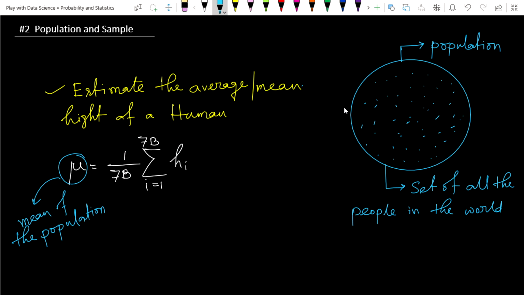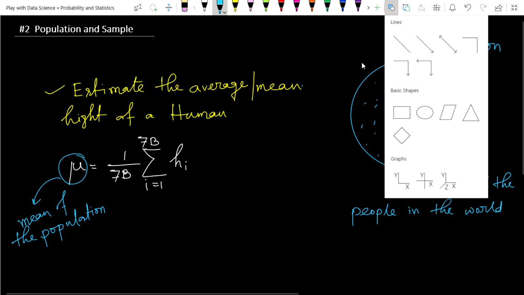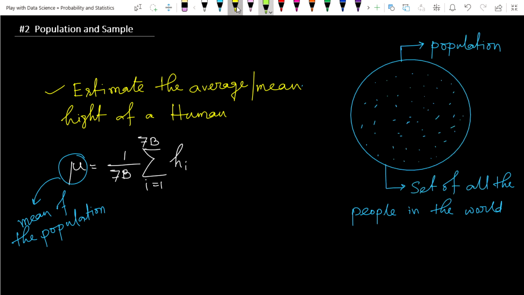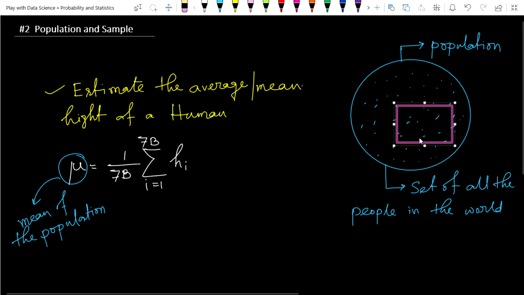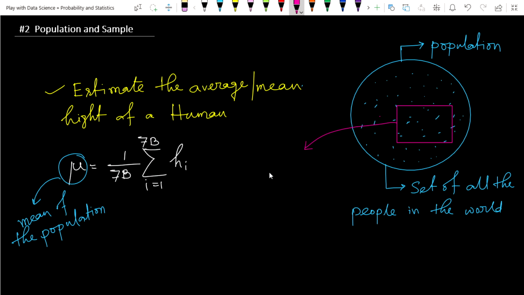Now, to find this, we randomly pick a sample from this population. We have randomly picked this sample, and this is called the sample. Suppose the size of the sample is 1000 people.